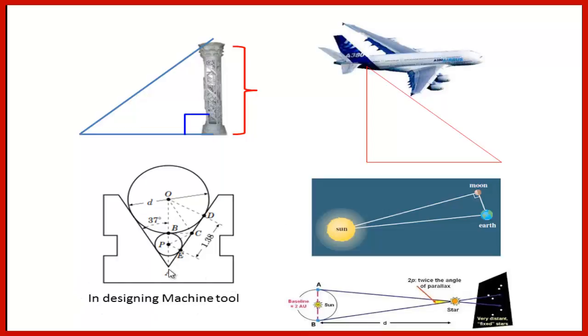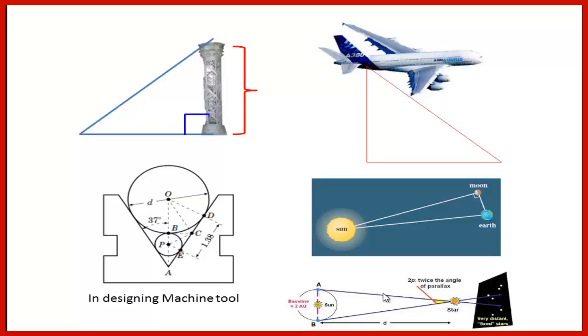The designers of machine tools also use trigonometry to design the machine tools. Since ancient times, trigonometry was used in astronomy. This technique was used to measure the distance of nearby stars.